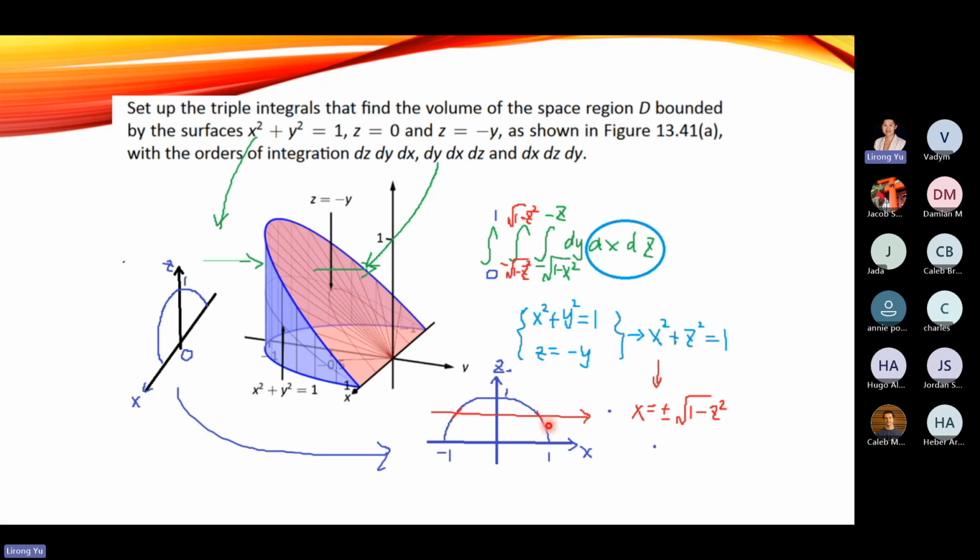This is the upper edge on the right. So we find the x value from the equation of the circle, x equals plus or minus the root of 1 minus z squared. The upper limit is positive, the lower limit is negative. So the integration limit for x is from negative root of 1 minus z squared to positive root of 1 minus z squared.